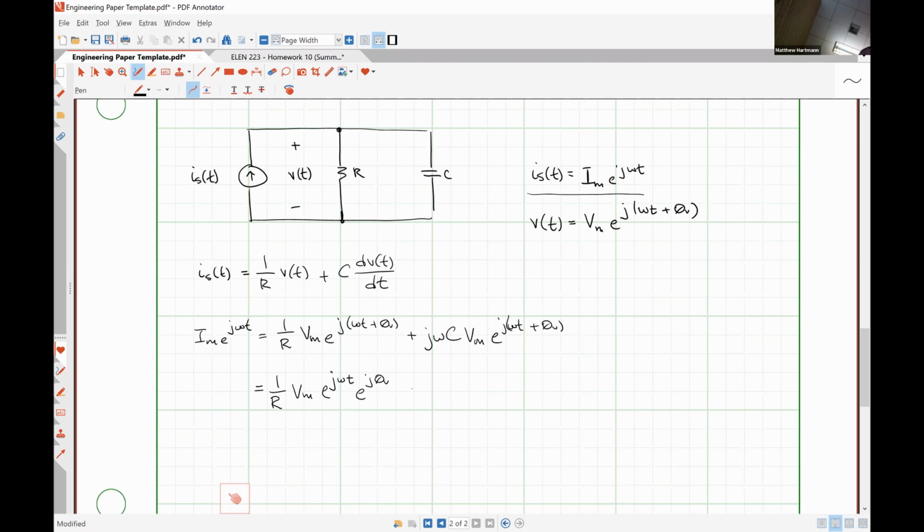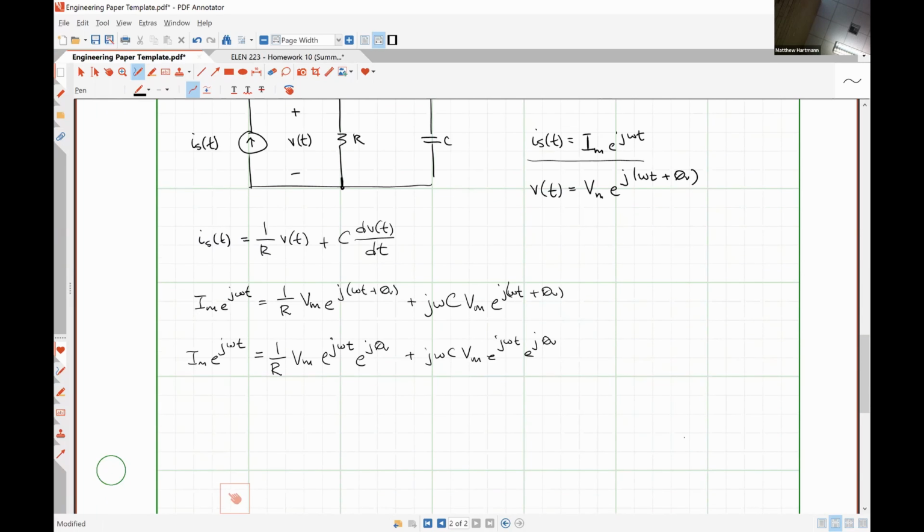I can do the same for my second term, plus j omega c Vm e to the j omega t e to the j theta v, and all of this will be equal again to Im e to the j omega t.